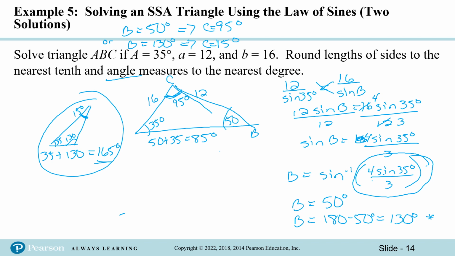So B is 16, A is 12, and I'm trying to find side C. So over here, what am I trying to find? Side C over the sine of 15 equals, let's do side A over the sine of 35 degrees. Cross multiply.